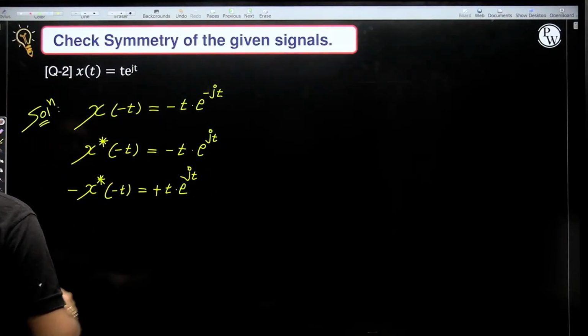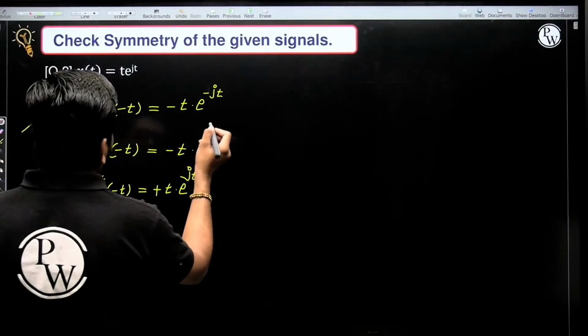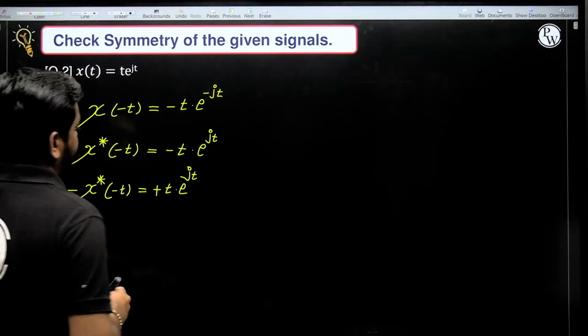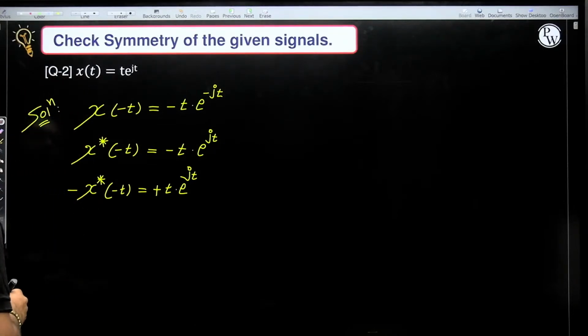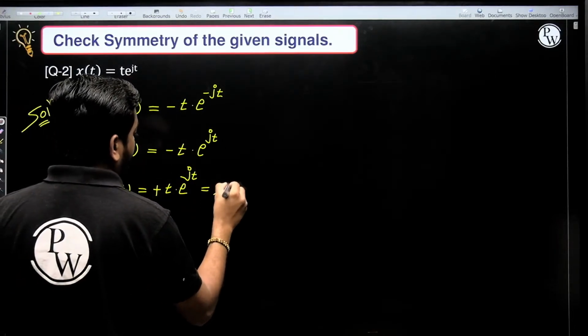Check once: t becomes minus t, e to the power minus jt. Sorry, it is the same as x of t. That's why conjugate odd.